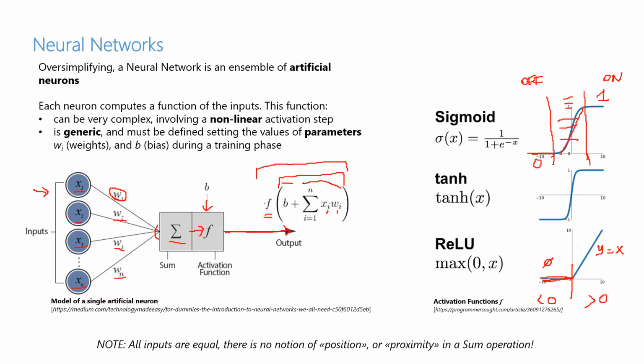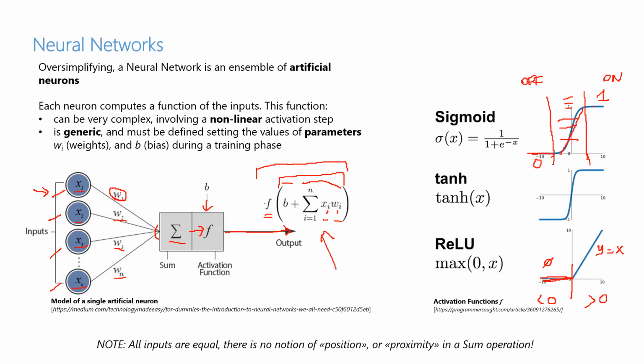And if we go back to the expression that describes our neuron behavior, one thing to notice is that all the inputs are fed to this sum operation, and the sum is commutative. So among the inputs, there is no notion really of position or closeness or proximity.